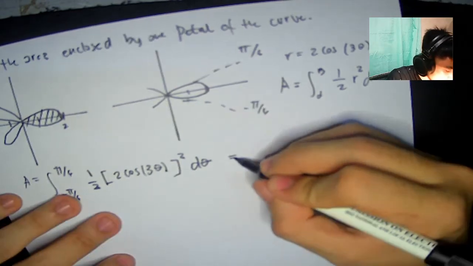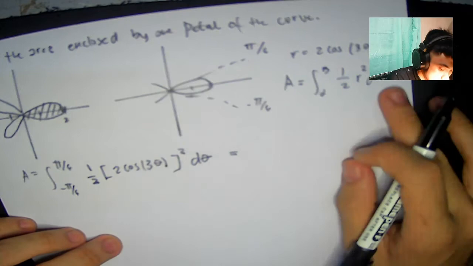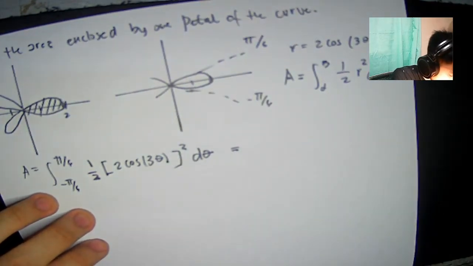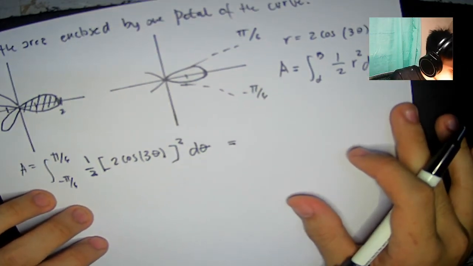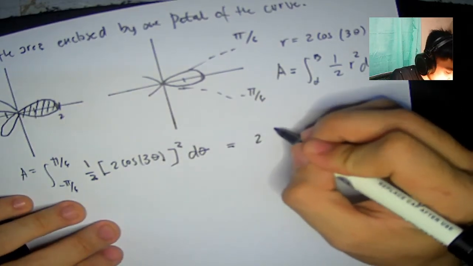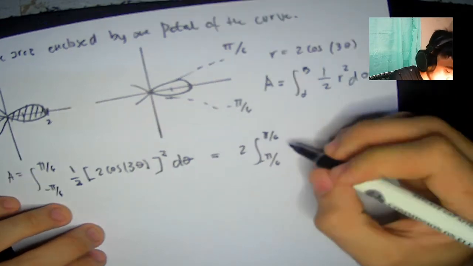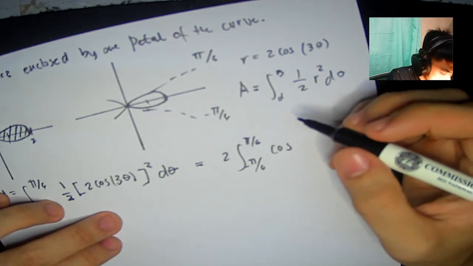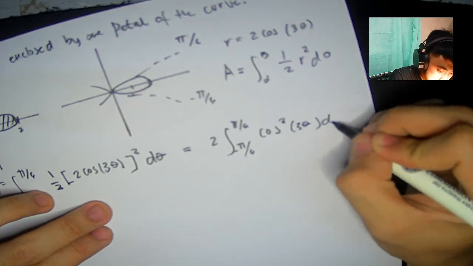So it is equal to, 1/2 times 2 is equal to, distribute here, so 2, from negative pi over 6 to pi over 6. So we'll have cosine squared theta d theta.